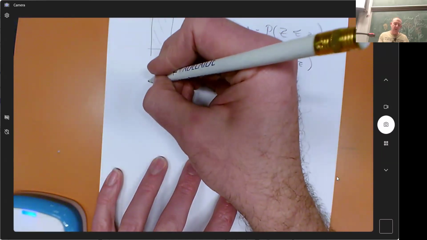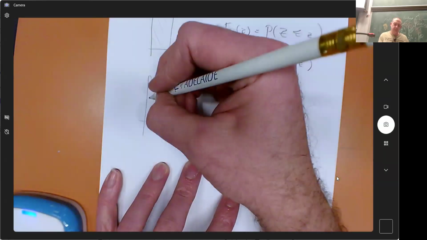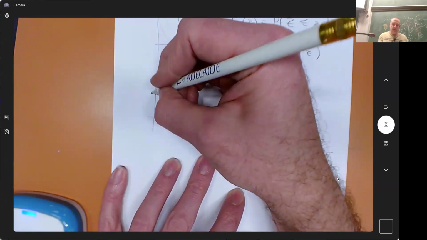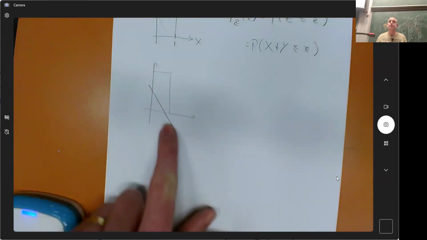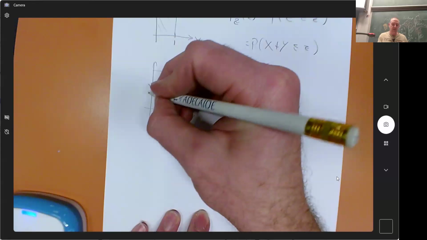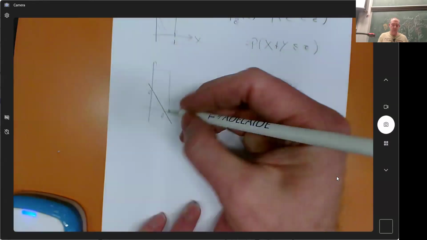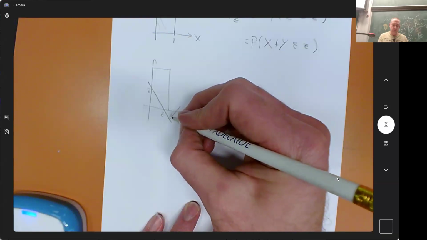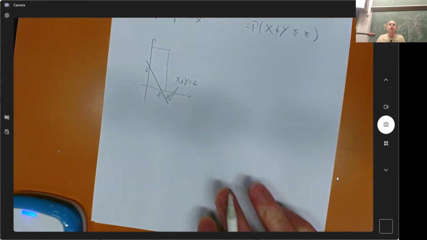And X plus Y being equal to little z would be a line like that, that crosses z here and z here. That line is X plus Y equals little z.